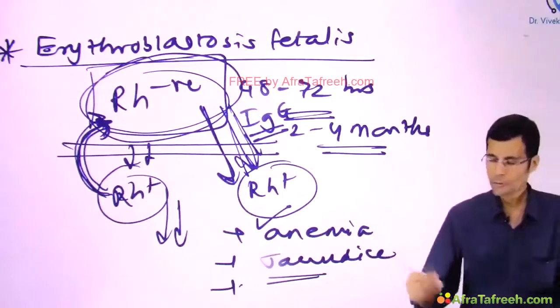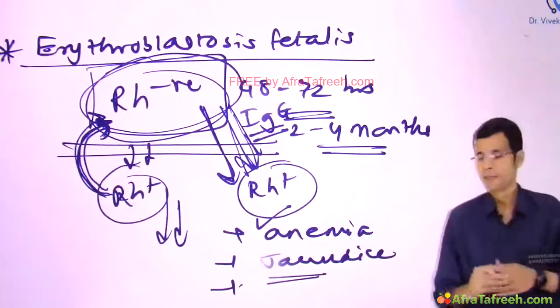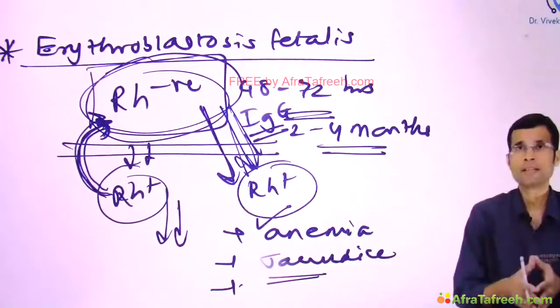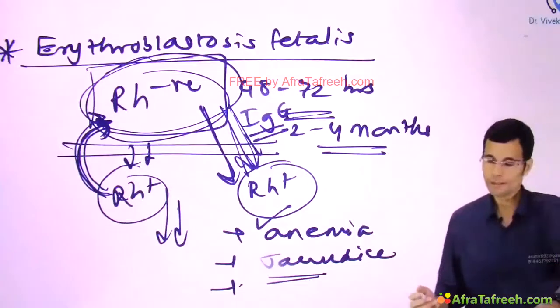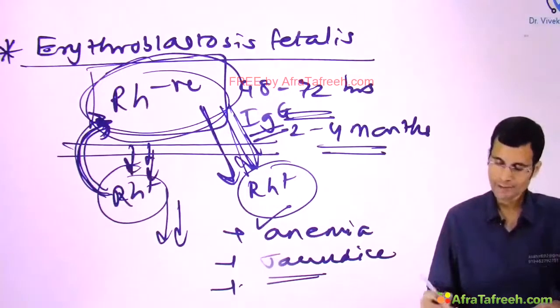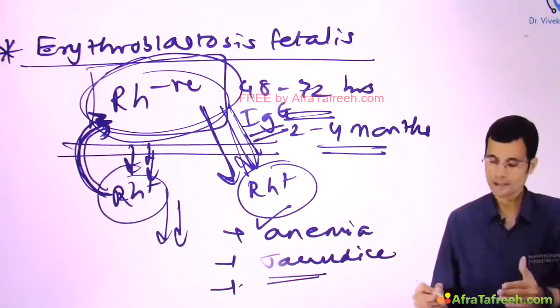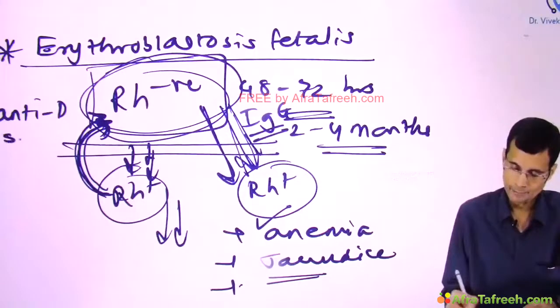So how do you treat them? How do you treat the erythroblastosis fetalis? Either it can be prevented, or first of all, preventive measure would be after the first delivery, when mother has received that Rh antigen, she should be injected with anti-D serum.